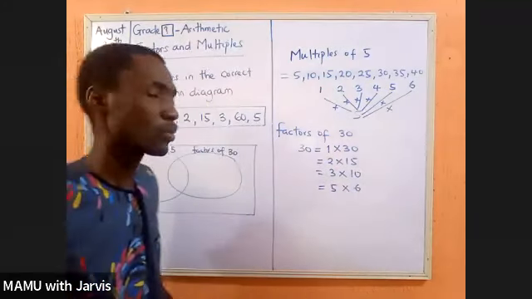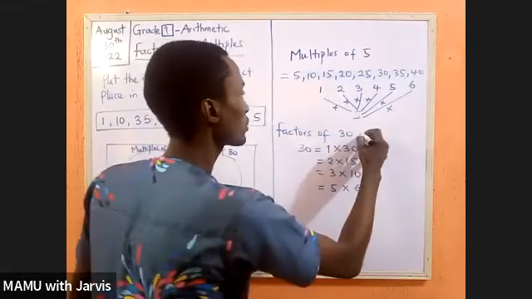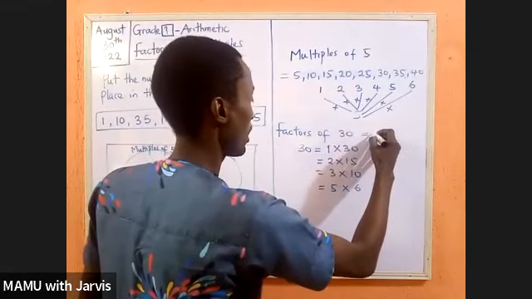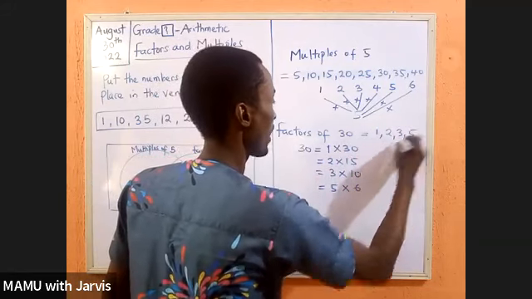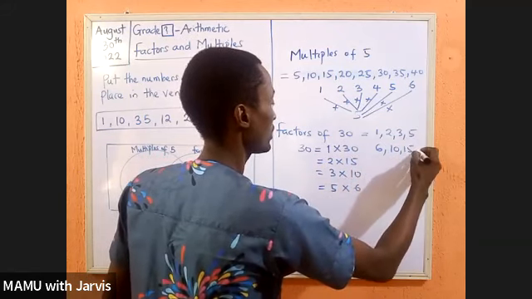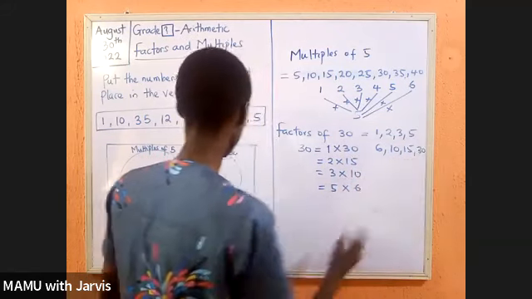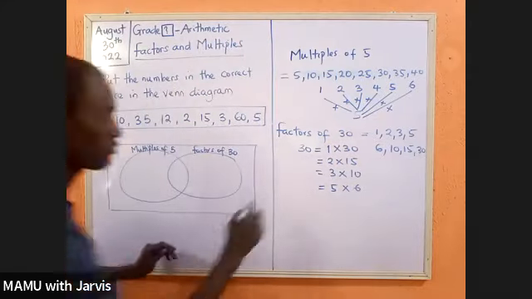I think that's about all you're going to have. So you discover that these are all the factors I'm going to have. So I will simply list them here as 1, 2, 3, 5, 6, 10, 15, and 30.